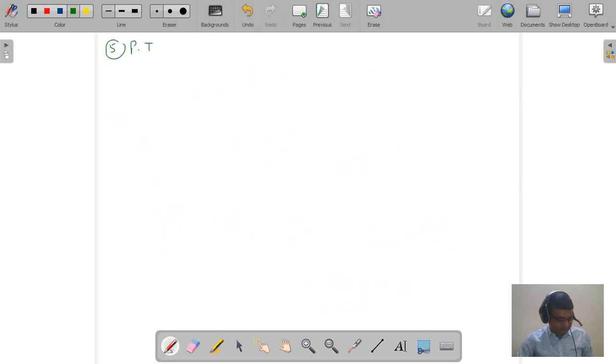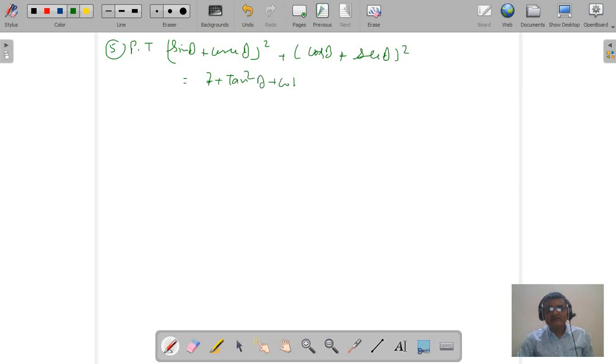Prove that (sine theta plus cosec theta) whole square plus (cos theta plus sec theta) whole square is equal to 7 plus tan square theta plus cot square theta.